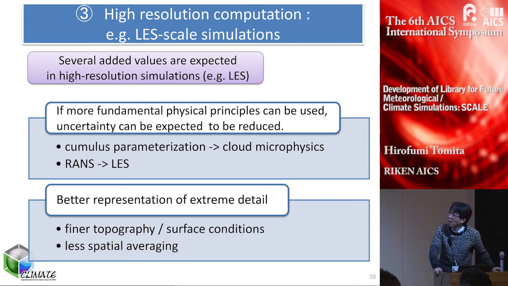For example, cumulus parameterization changed to cloud macrophysics, and turbulence models changed to more fundamental physical principles. In large area simulation, we can also get information of extreme detail, so fine topography structure and surface condition, and also less spatial average.